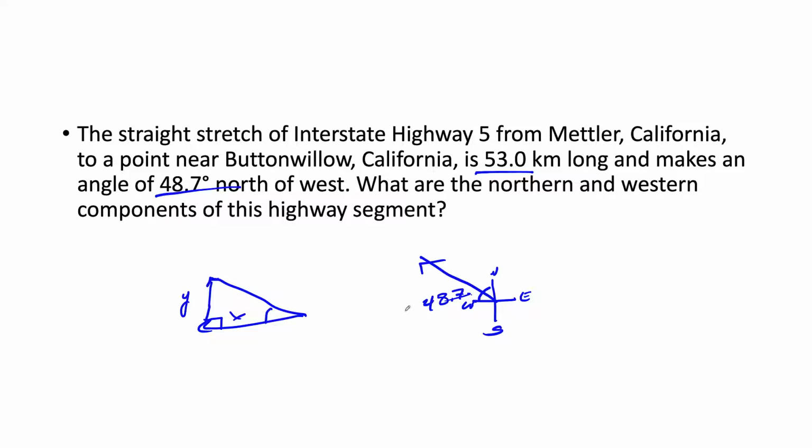So we're looking for something going in the x direction, or west, and something going up in y. What I'm going to do is repeat this here: 53.0 kilometers. We'll keep it in kilometers because there are no other units, so we don't have to change anything. And it's 48.7 north of west.